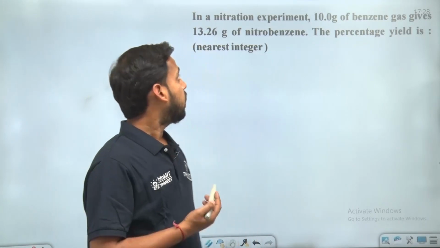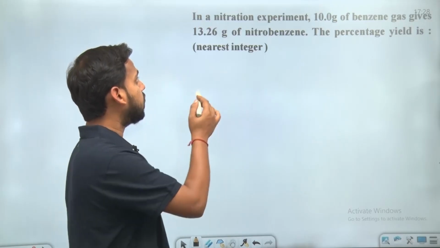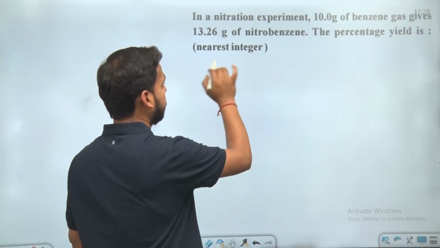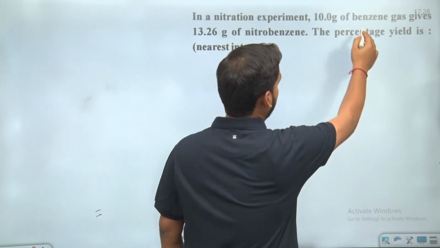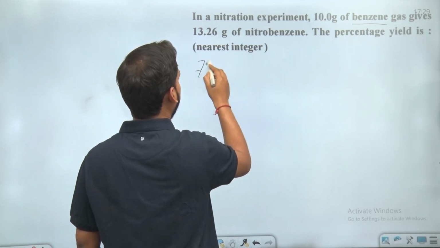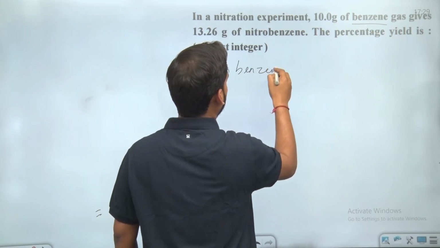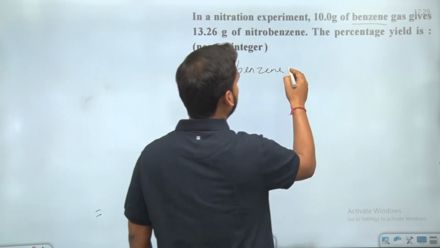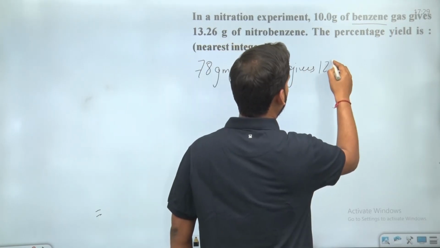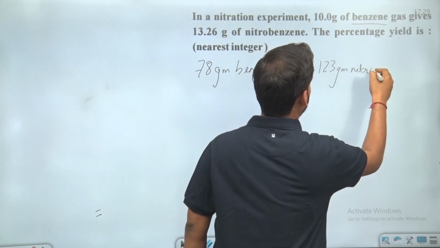Next question: in a nitration experiment, 10 grams of benzene gives 13.26 grams of nitrobenzene. Find the percentage yield to the nearest integer value. The molecular mass of benzene is 78, so 78 grams of benzene gives 123 grams of nitrobenzene.